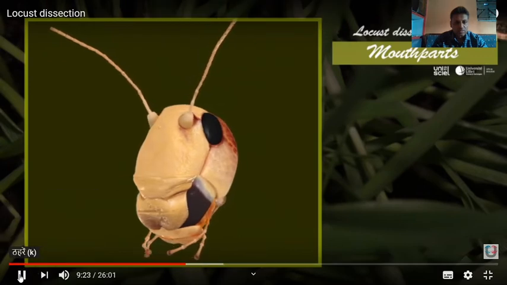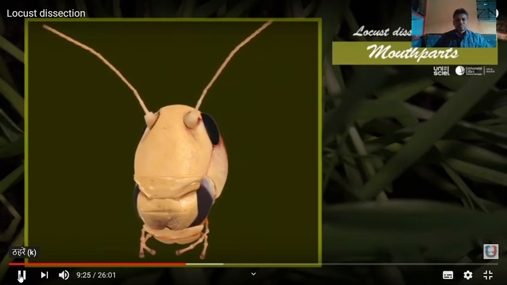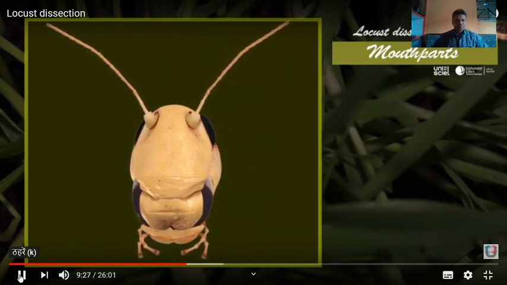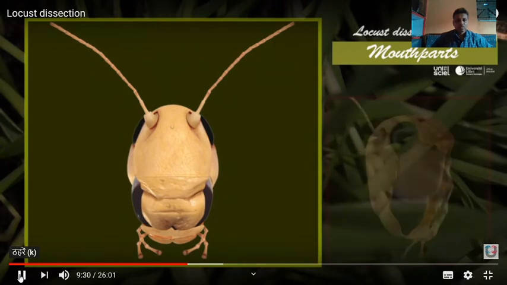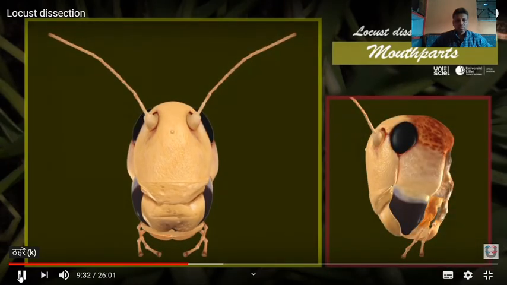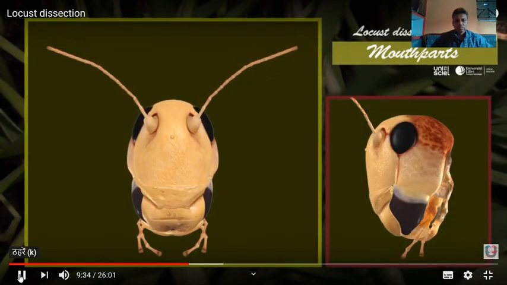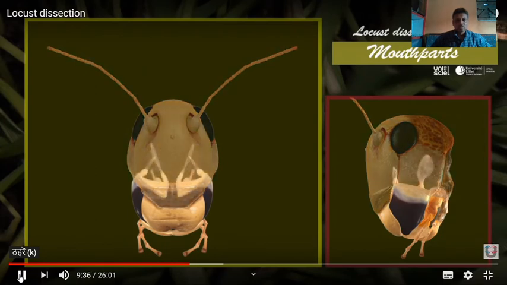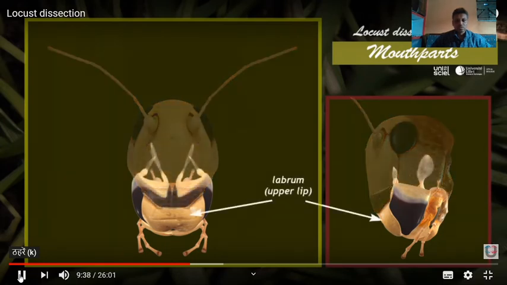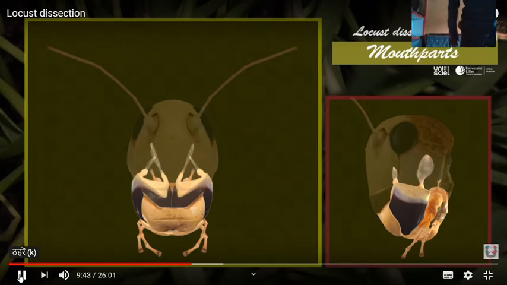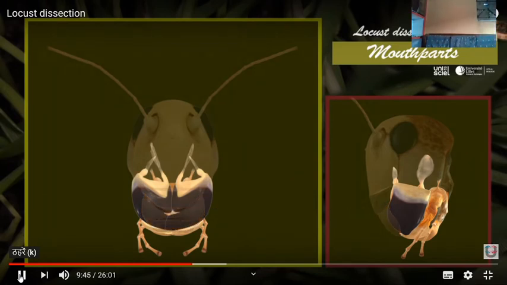Adapted for biting and chewing plants. The first mouthpart is the labrum, or upper lip. Behind the labrum are visible two triangular-shaped powerful pieces, the mandibles.